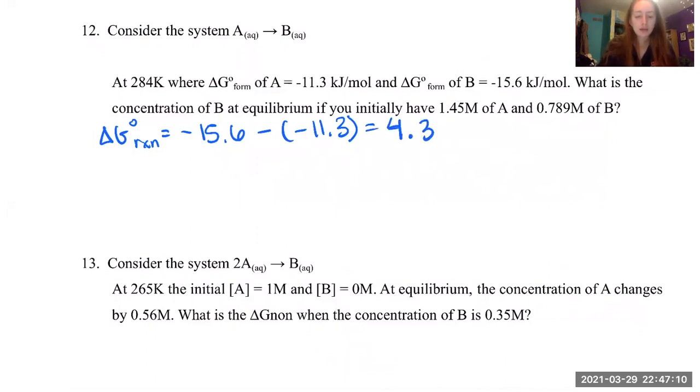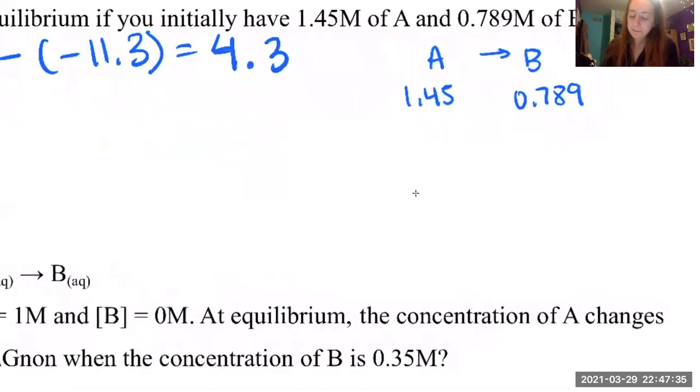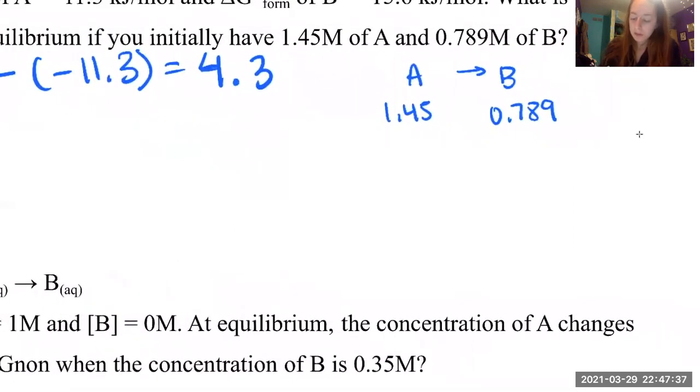And then the next thing you're going to want to do is take a look at what we're given here. So I'm going to write a little ICE table. So A just turns to B, and we know what our initials are. So 1.45, 0.789. Okay. So we know what our initials are, and we're going to go through some change.